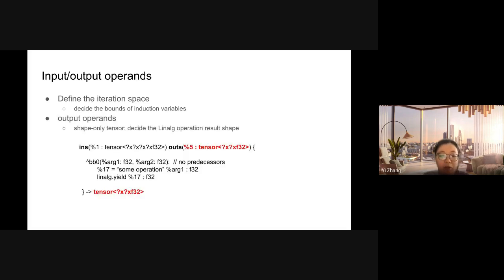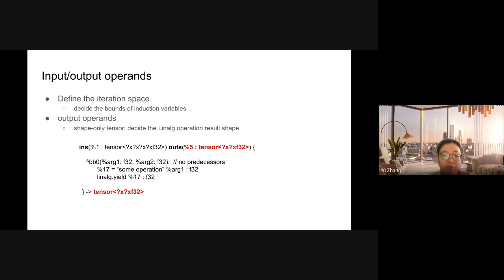The output tensors have two uses. The first use is as a shape-only tensor that is used to decide the result shape of the Linalg operation. When it's used for this purpose, you can see that there's no read access inside the loop body.